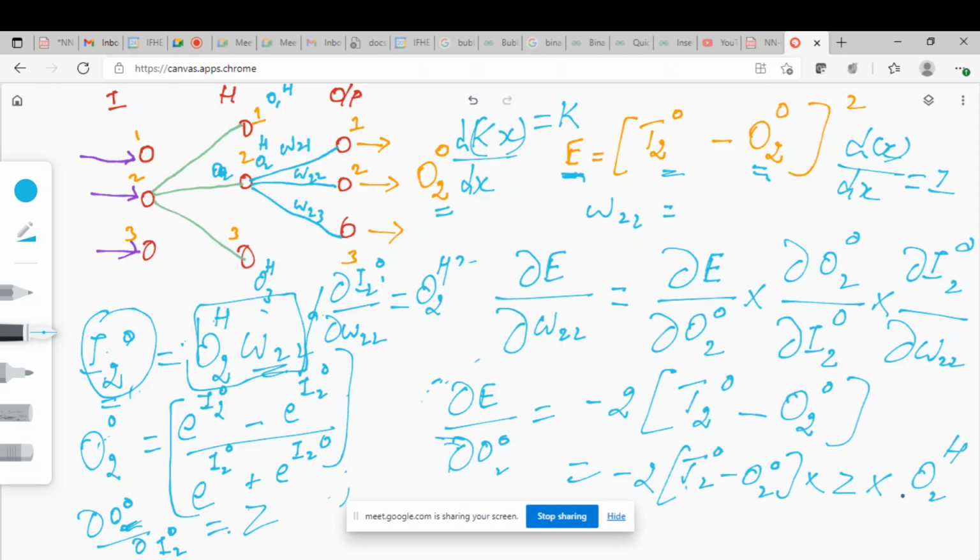If you know all these values, then we can plug them in and see what we get for some value of W.